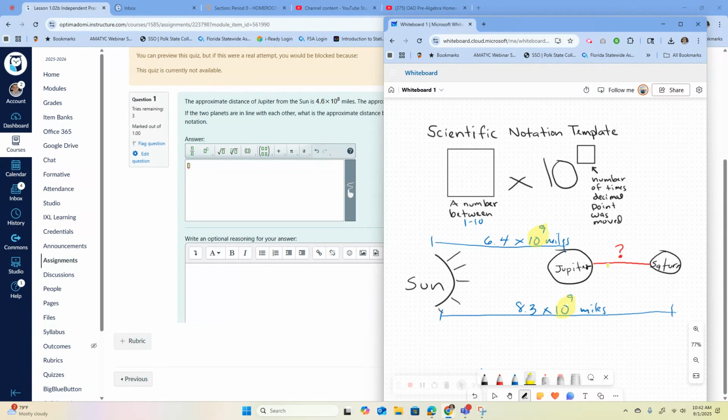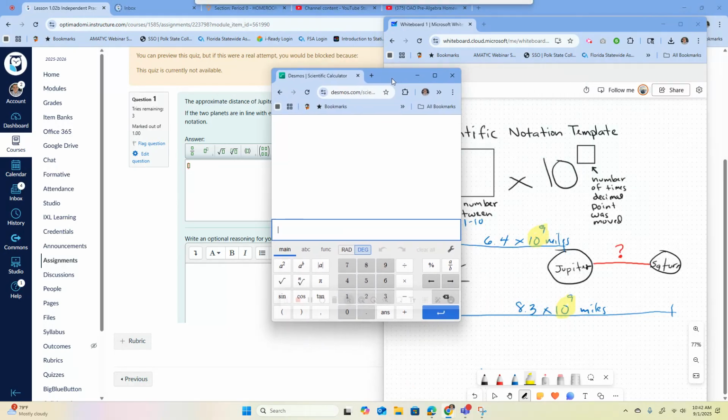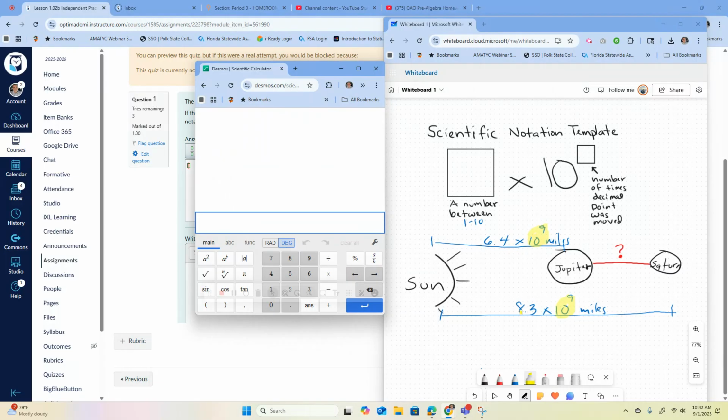Since I want to find the distance between Jupiter and Saturn, the only thing I have to do is subtract the distance of Saturn minus the distance of Jupiter, but I don't need to put the powers of 10 if they're the same exponent. So basically, I just work with the 8.3.